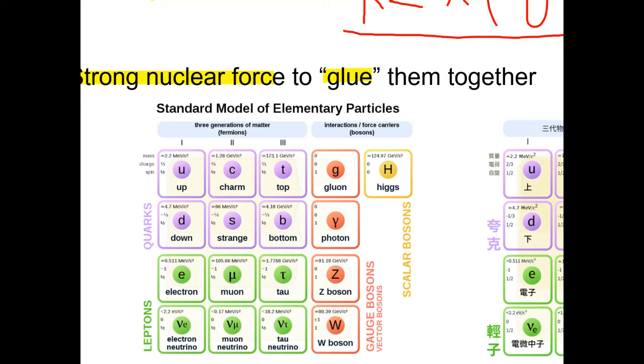Otherwise, there is a very strong electrostatic force repelling them. And the electron is something called a lepton. I don't really know what it really is. To find these quarks, we really need an accelerator so that protons collide with other particles and break up into even smaller particles.